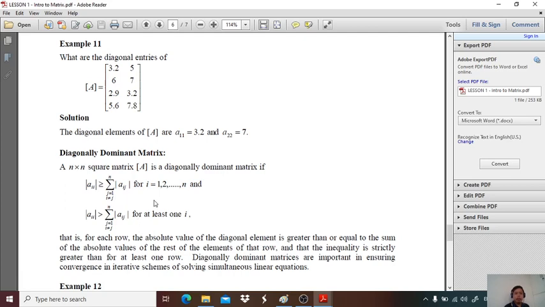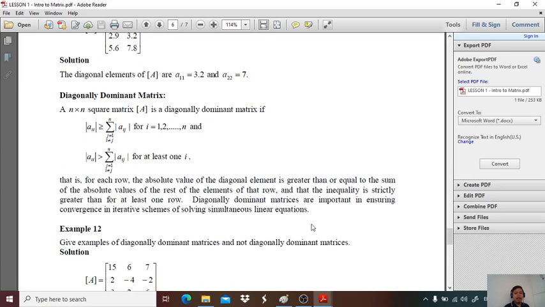Sorry, rows only. So in each row, for each row, the absolute value of the diagonal element must be greater than or equal to the sum of the absolute values of the rest of the elements on that row.